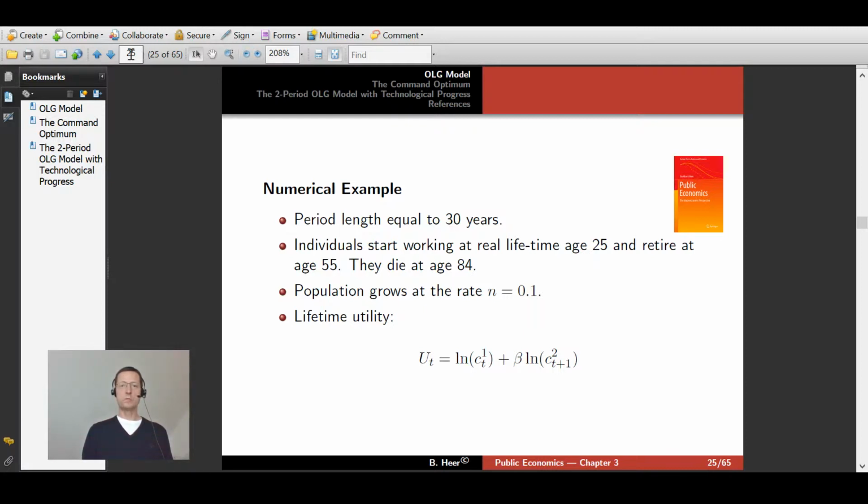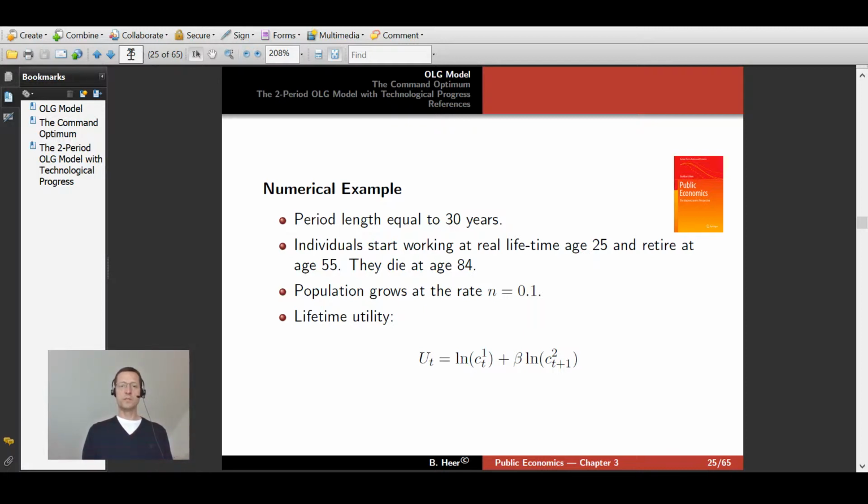and population growth at the rate n equal to 10%. This amounts to an annualized population growth rate of approximately 0.3%, something that you observe in the United States more or less. We assume lifetime utility to be additively separable in utility today and utility tomorrow.